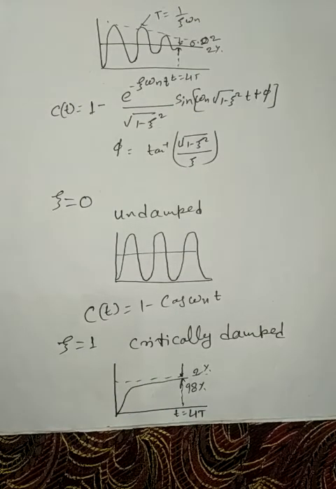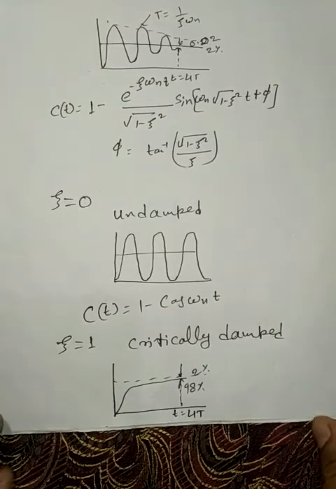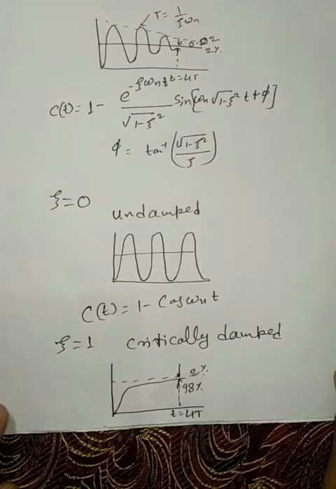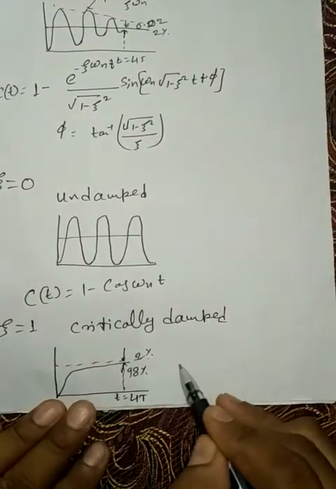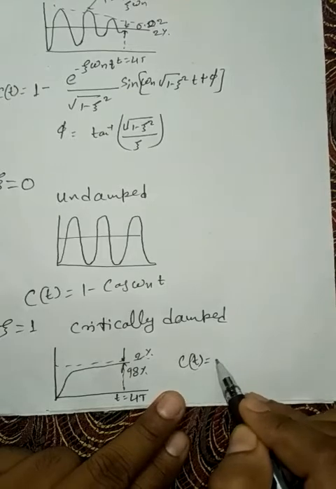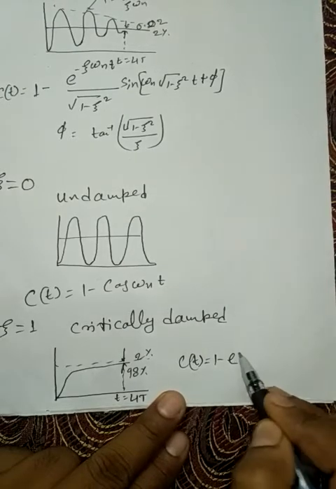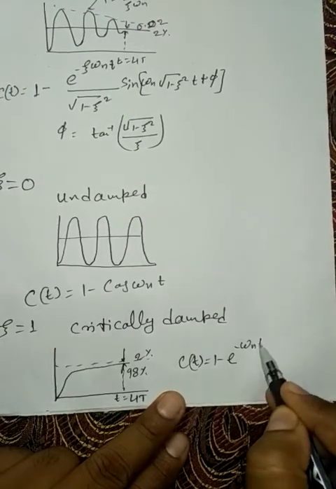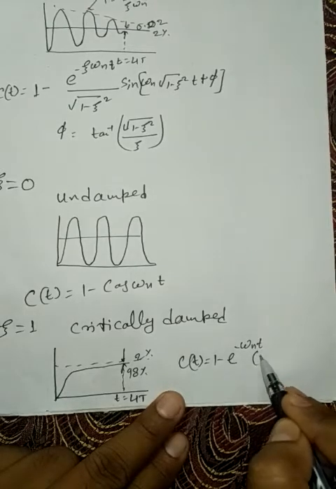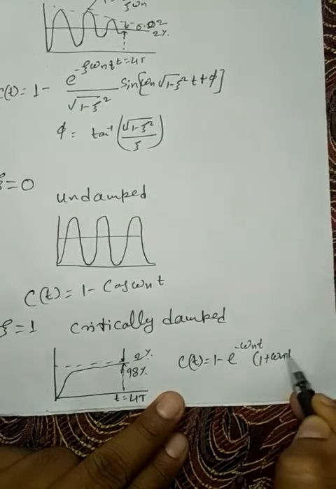In this case our C(t) is equal to 1 minus e raised to minus omega n t times (1 plus omega n t).